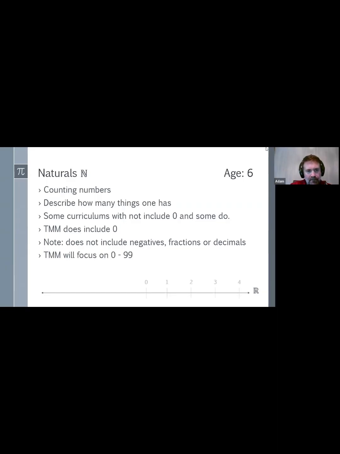So at the bottom here, I put what they call the real number line, and I'm going to just add to it throughout the presentation. As you see, we have this number line that goes to infinity, and negative infinity, even though we don't get to it yet.